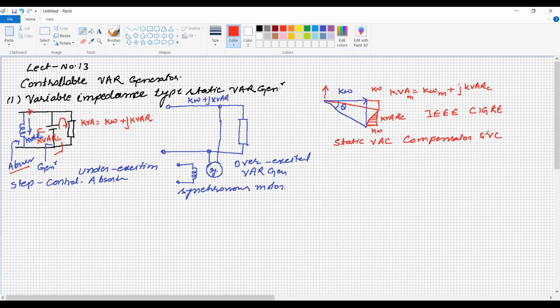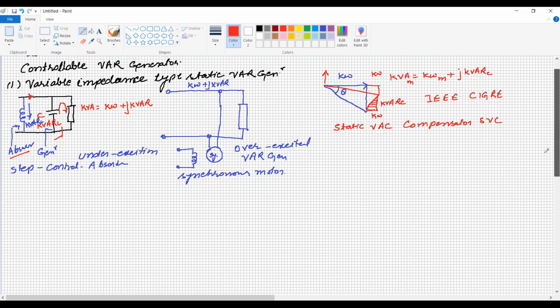So it is self-contained. Therefore, instead of switching type or rotating type, we can use different types of thyristor valves.